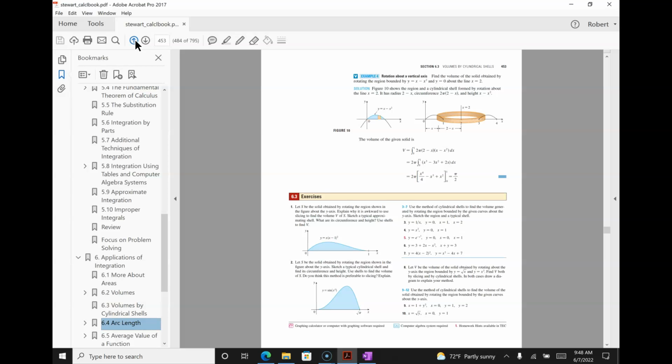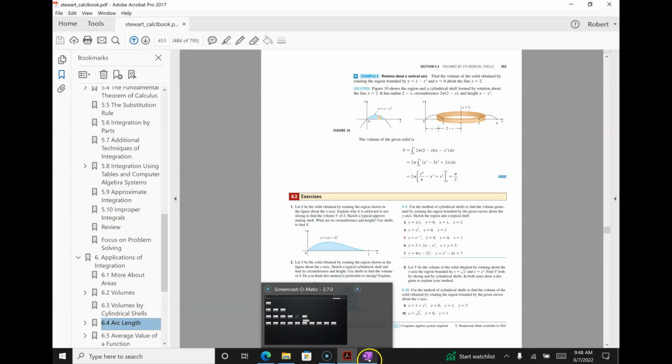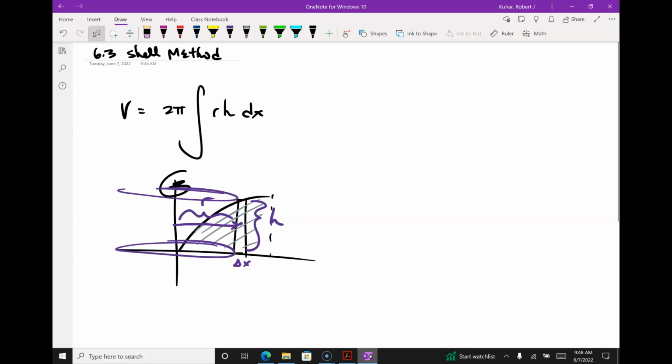I like number 2 here in the textbook. I'm going to take this region of sine of x squared about the y-axis. So I've got y equals sine of x squared, y equals 0, x equals 0, x equals square root of pi.